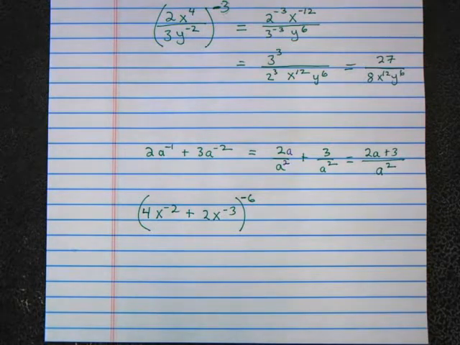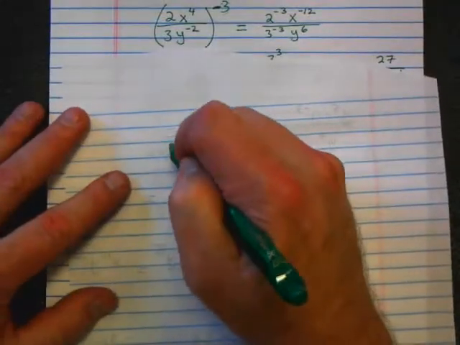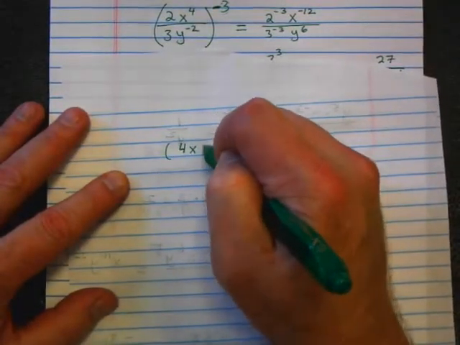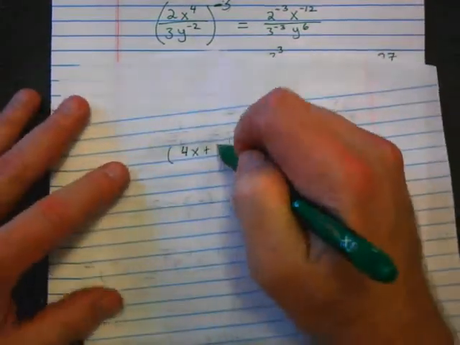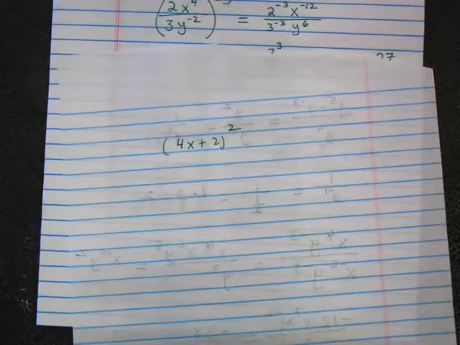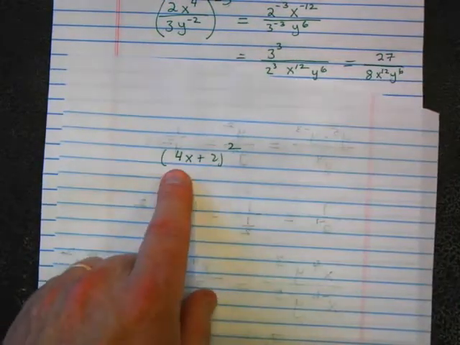What do you mean distribute that negative 6 out? So 4 to the negative 6, x. Let me ask you a question. If I have 4x plus 2 and I want to square it, do I get to just square this one and square that one?